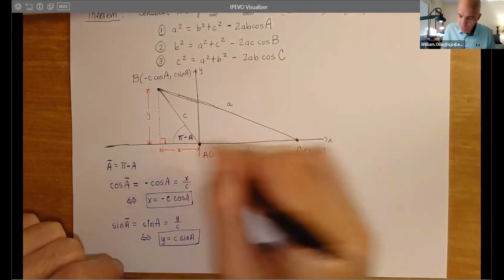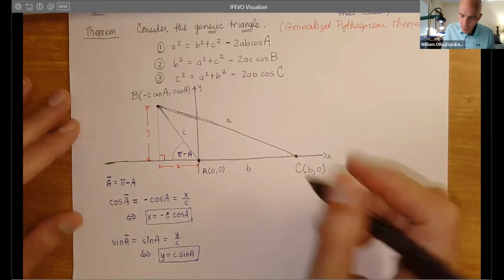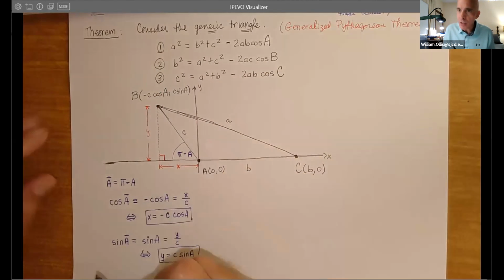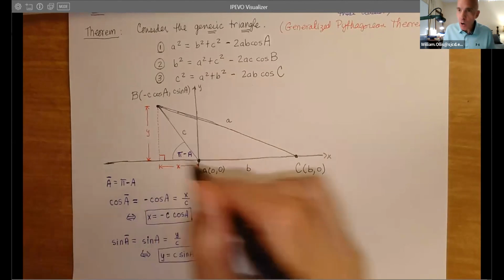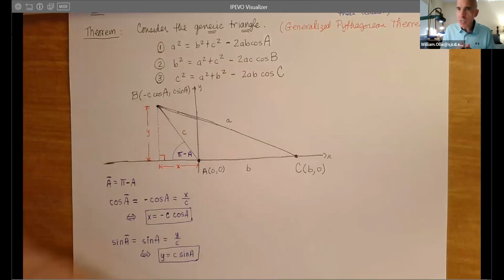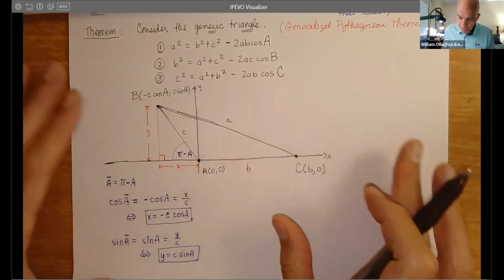I could have permuted the A, B, and C. It doesn't matter. We're going to end up with what looks like this number 1 because we've got the hypotenuse there. But it doesn't matter. These are all equivalent. So if you draw your triangle that looks like this for the acute case, it's still the same. So try that if you like.